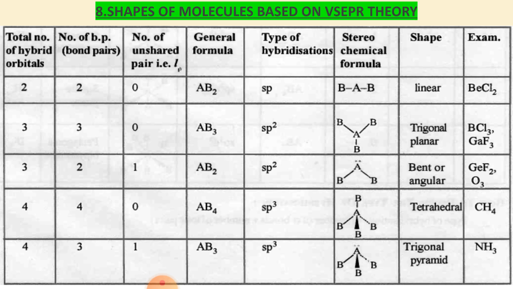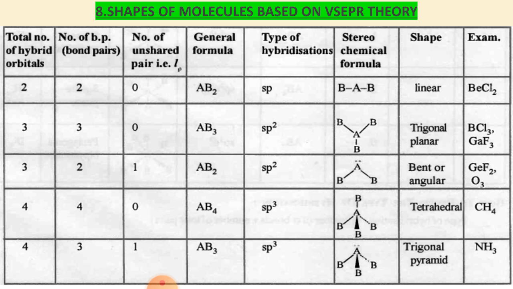Then with 3 hybrid orbitals, 2 bond pairs and 1 lone pair, the hybridization is again sp2, two sigma bonds plus one lone pair, but the shape is changed. Now the shape becomes bent or angular. The common example is O3, ozone. Then if the total number of hybrid orbitals is 4, this gives sp3 hybridization.